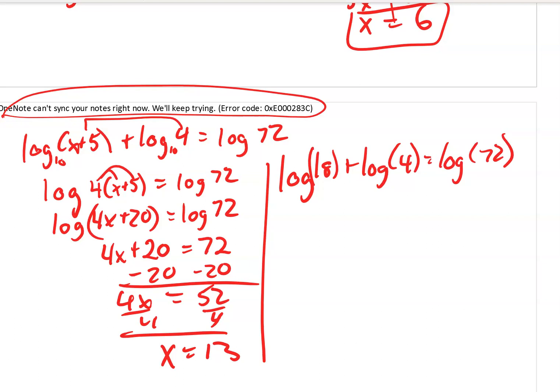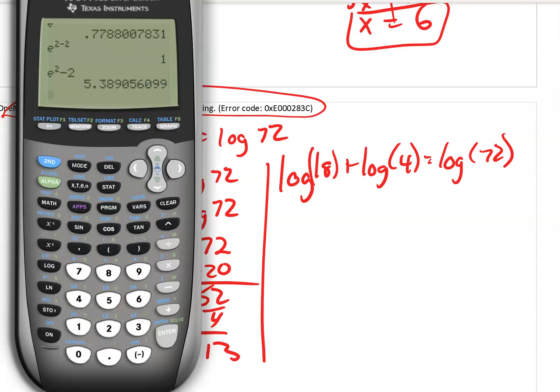So remember, this is 10 to a power equals 18, 10 to another power equals 4, etc. So go to our calculator, log 18, 1.255 plus log 4, 1.85 should equal log 72, 1.85.